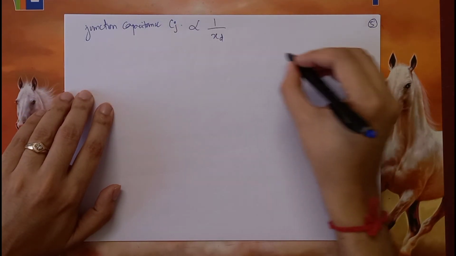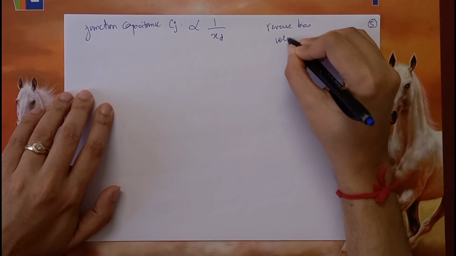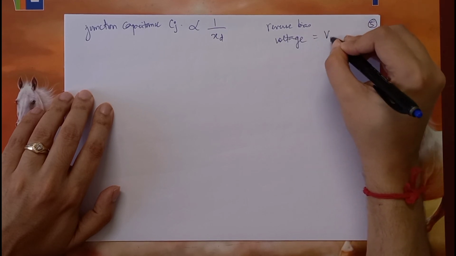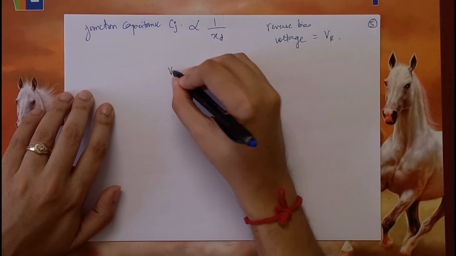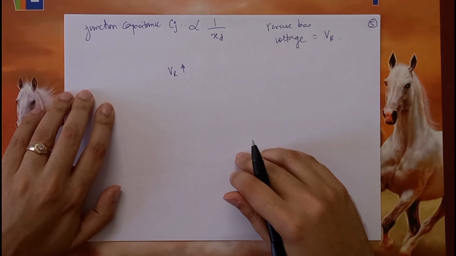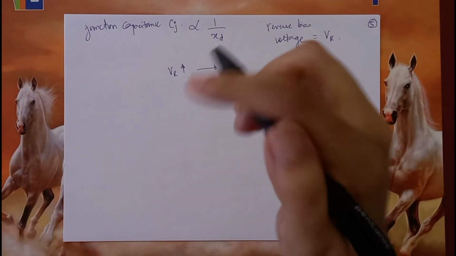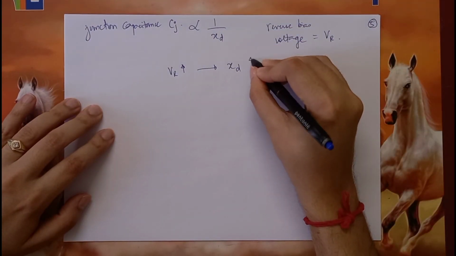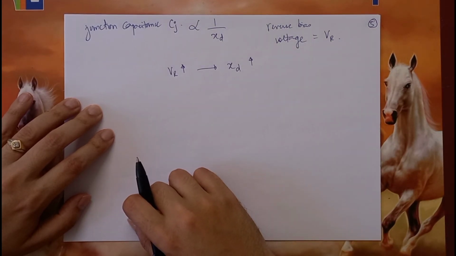Now let us say if the reverse bias voltage is VR, then as VR increases, the depletion width will become more and more. So therefore even XD will increase. So when XD increases, the junction capacitance essentially reduces.